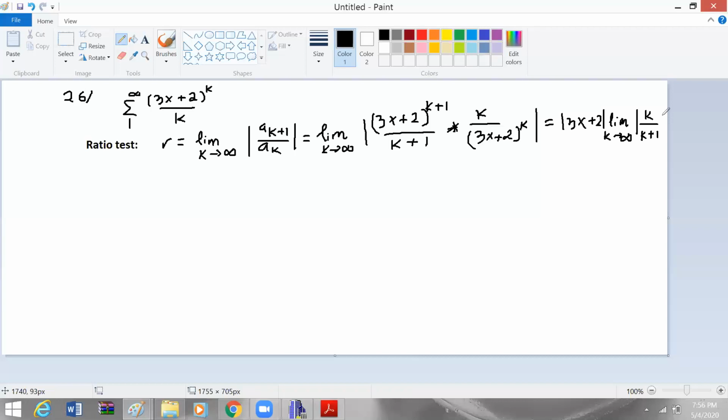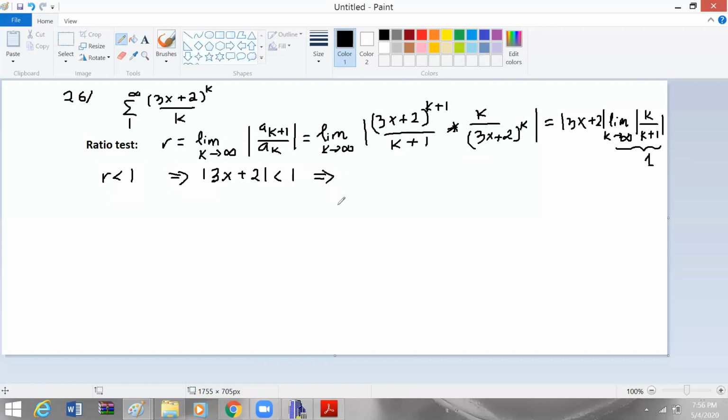Right, so this guy basically wants the only thing that makes r less than 1 is that x has to be such that the absolute value of 3x plus 2 is less than 1.